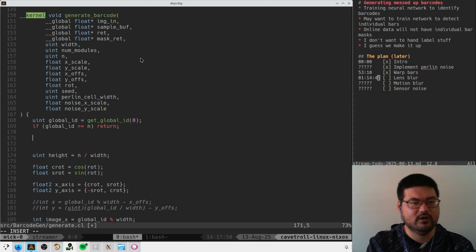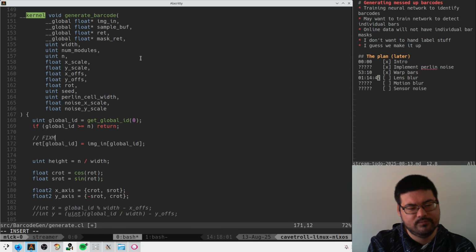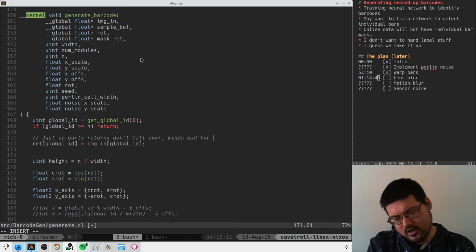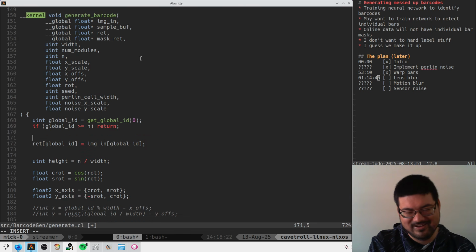So we can just go image in global ID, just unconditionally do this, so that early returns don't fall over. It's kind of bad for maybe causing extra memory IO, which could be bad, maybe. I don't know, whatever.